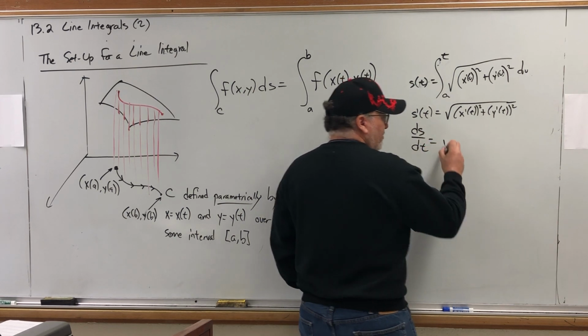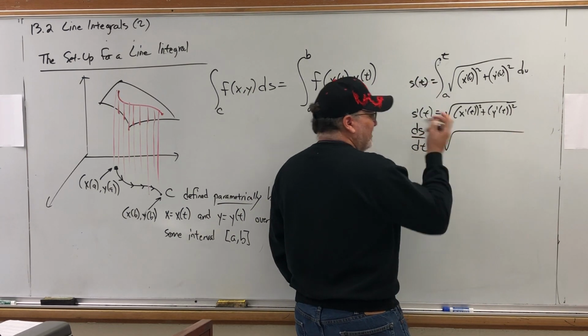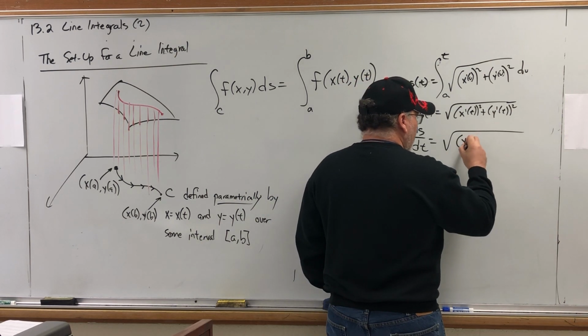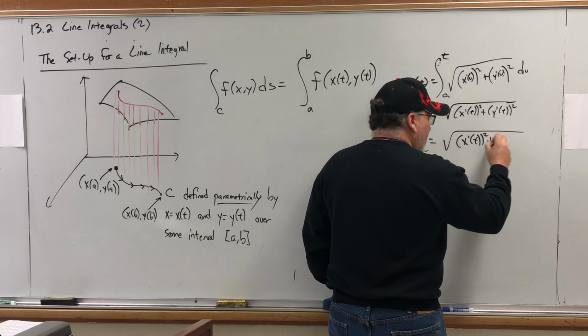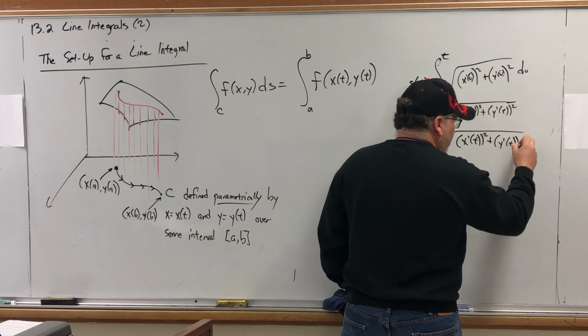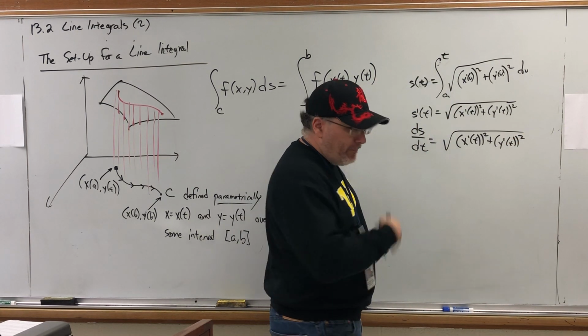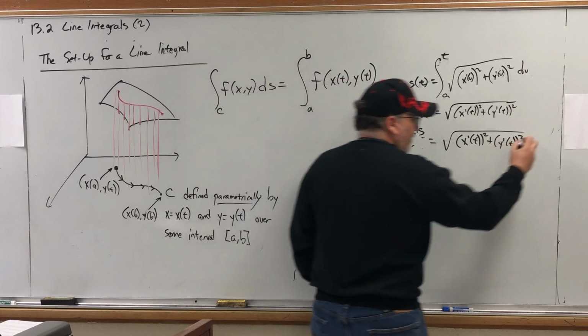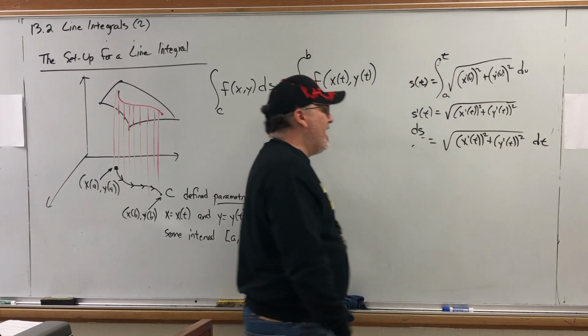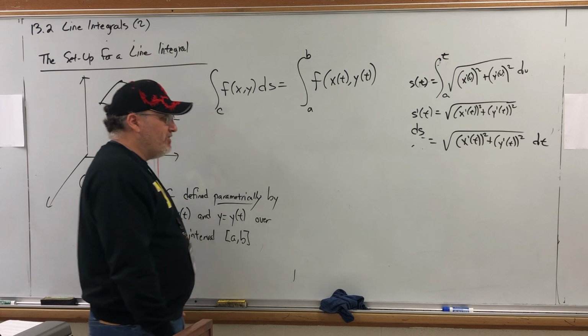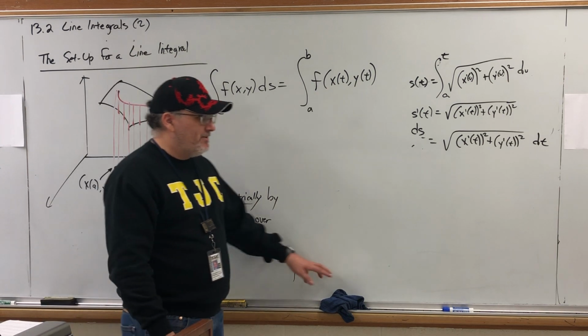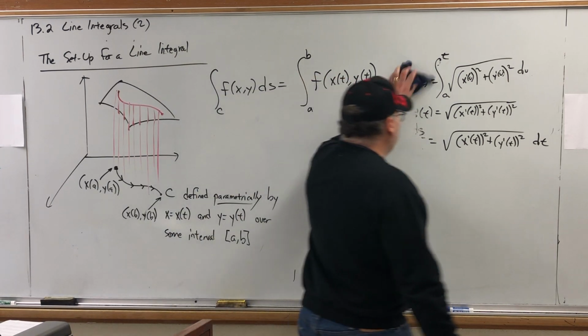and we can replace each derivative in here. Actually, we don't have to. We can just leave them as x prime of t squared plus y prime of t squared. And then in a very hand-wavy move, if we multiply both sides by dt, we get that ds equals that. So in other words, we can replace the ds with something that is explicitly in terms of the parameter t.